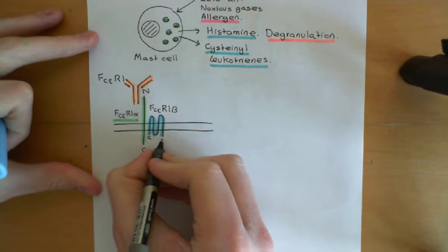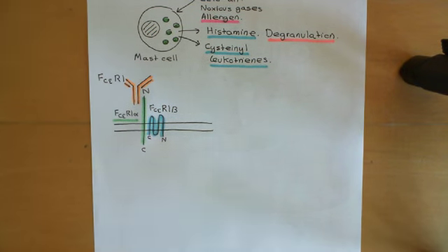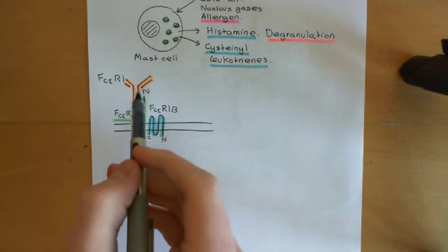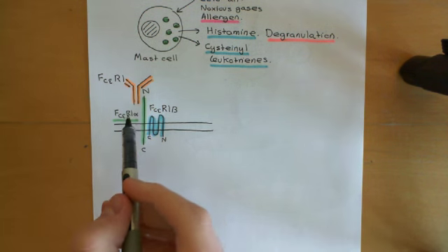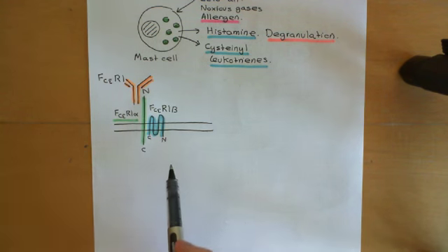Okay, here's the C-terminal, here's the N-terminal. Okay, right. It doesn't bind the IgE, but it's very important in the signal transduction from the activated IgE with the allergen bound to intracellular cascades, basically.